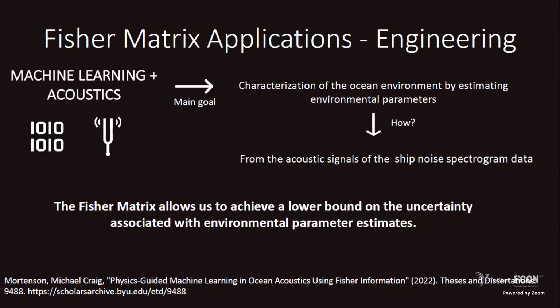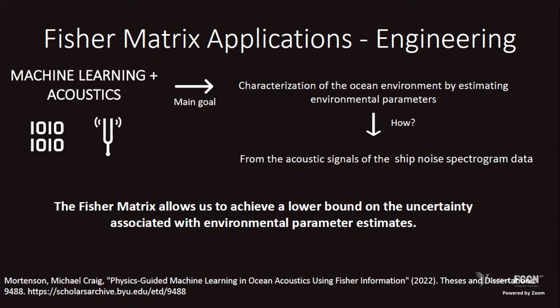And the last one, the machine learning plus acoustics, we have the main goal to characterize the ocean environment by estimating environmental parameters. Actually, this is a master thesis as well. And he's studying the acoustic signals of the ship noise spectrogram data.